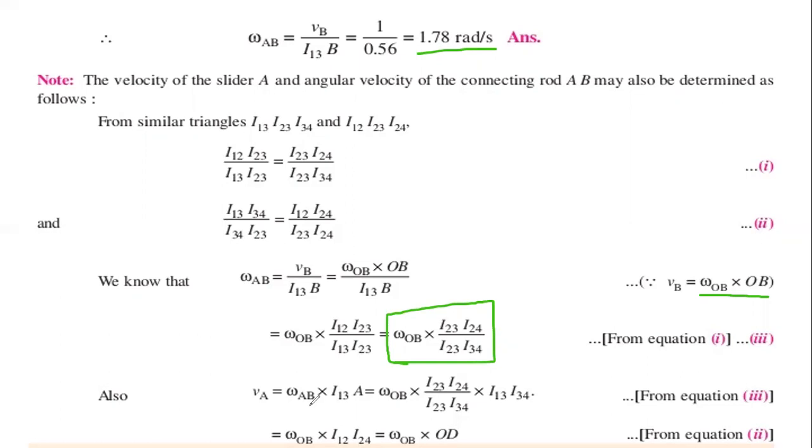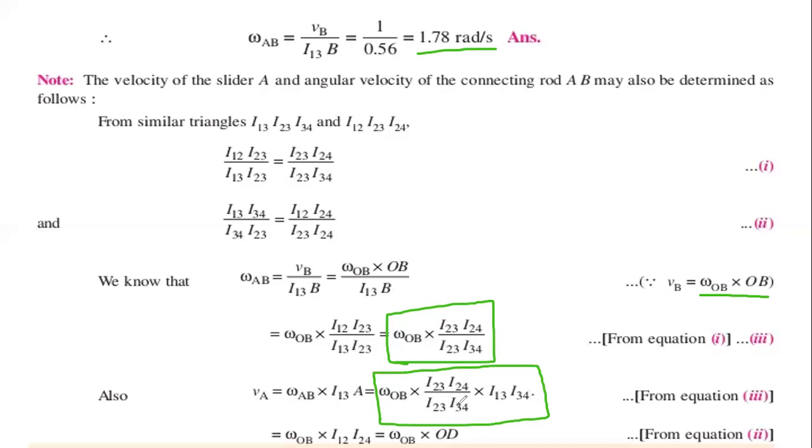Now we will get omega of AB into I13 A. So we have got the velocity of A as omega of OB into I23 into I24 divided by I23 into I34.